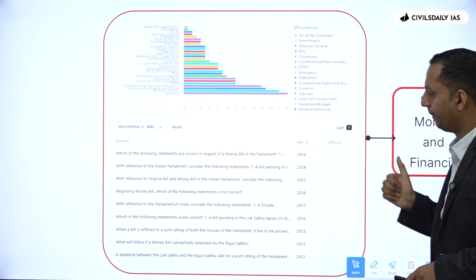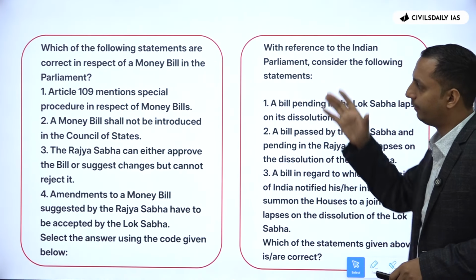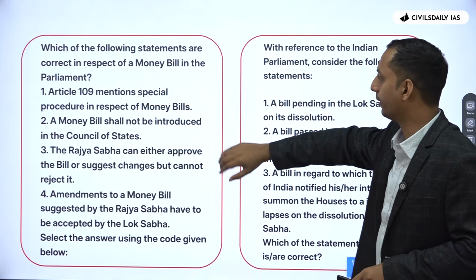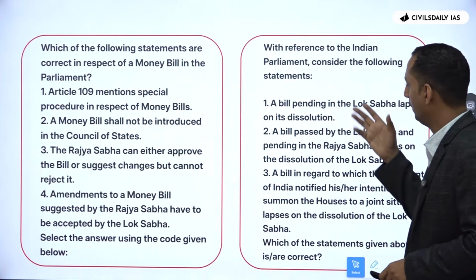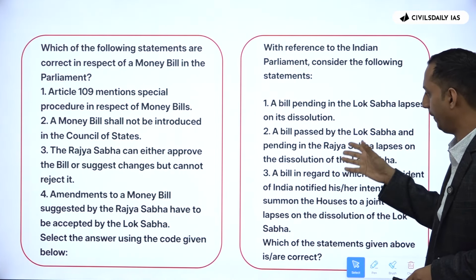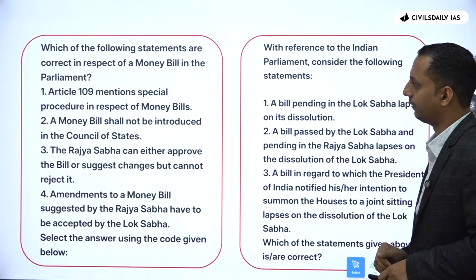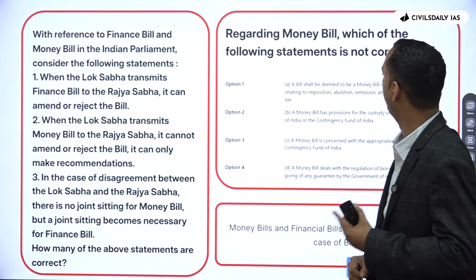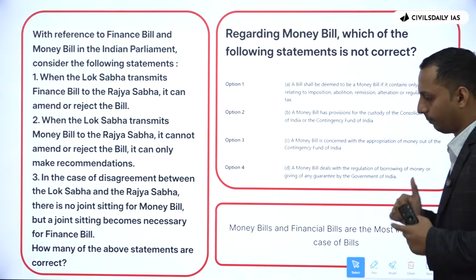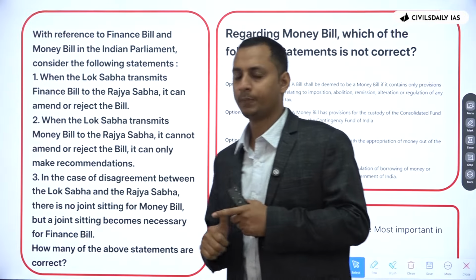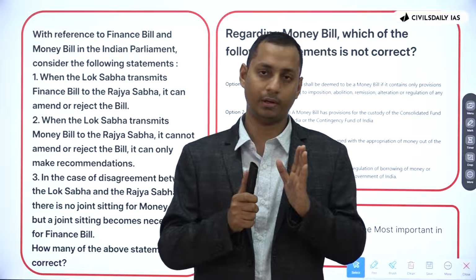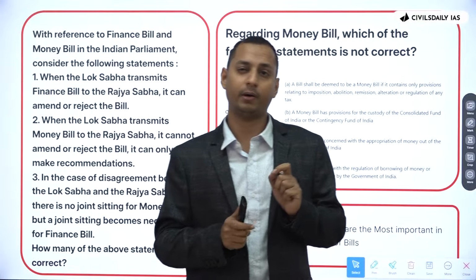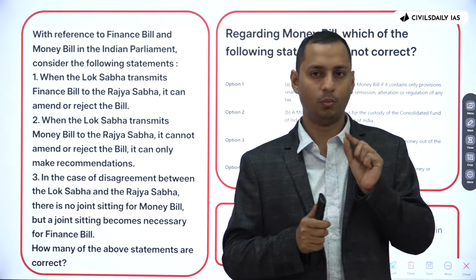Next one, regarding the bills, money bills. You can see here, the most important topic regarding UPSC, the money bill. Bill pending in Lok Sabha, bill pending in Rajya Sabha, and all the other different things. Lok Sabha transmits a bill, rejects a bill, money bill, again money bill. So money bills and financial bills. What is the difference between Article 110(1) and 110(2)?